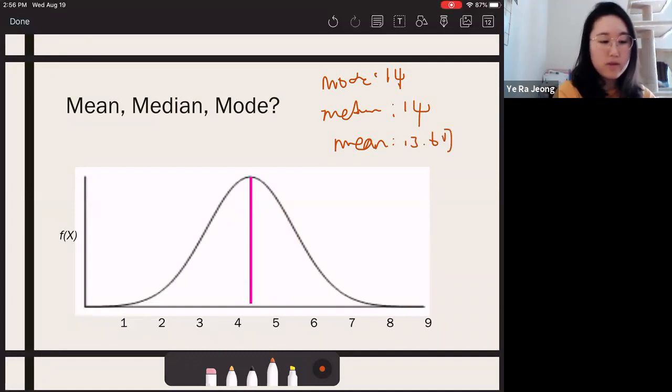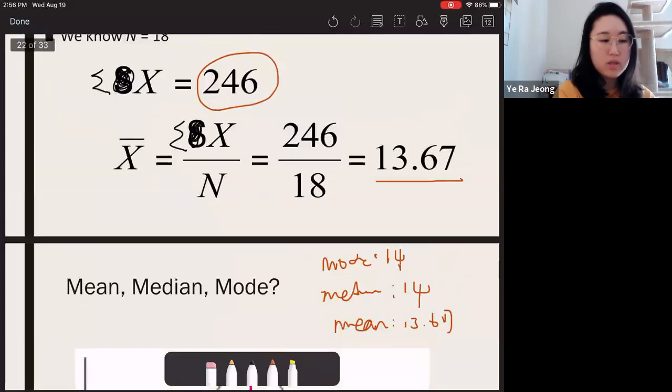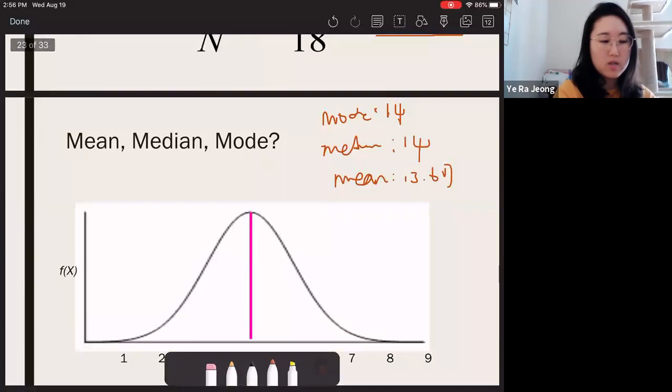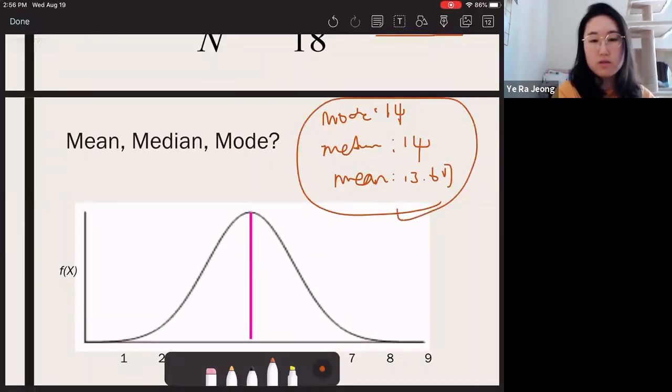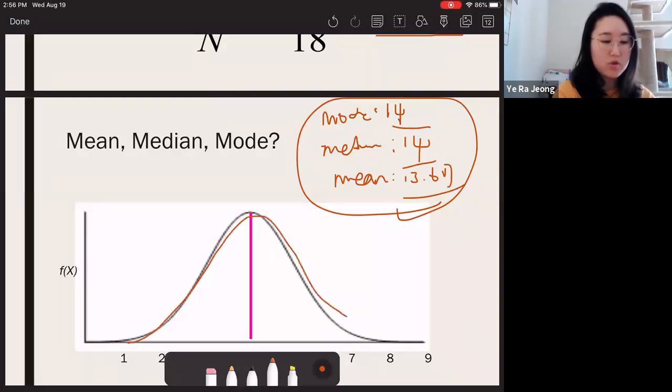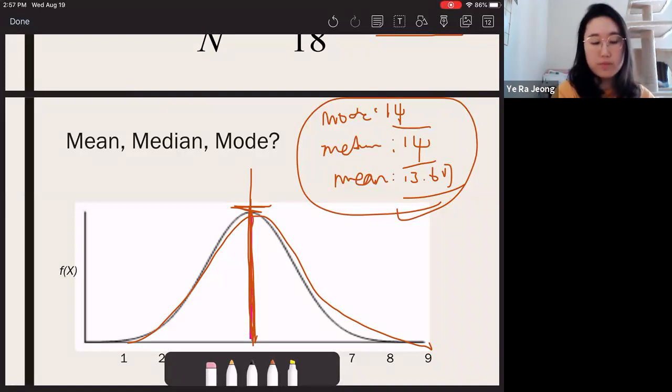So even if we didn't graph this raw data, just by comparing these three central tendency scores, we know that they're all pretty much the same number, meaning that it's a normal distribution. Again, normal distribution has mean, median, mode all falling in the same line right in the middle because it's the highest point. It's the mathematical and physical center of the distribution. So our data above was normally distributed.